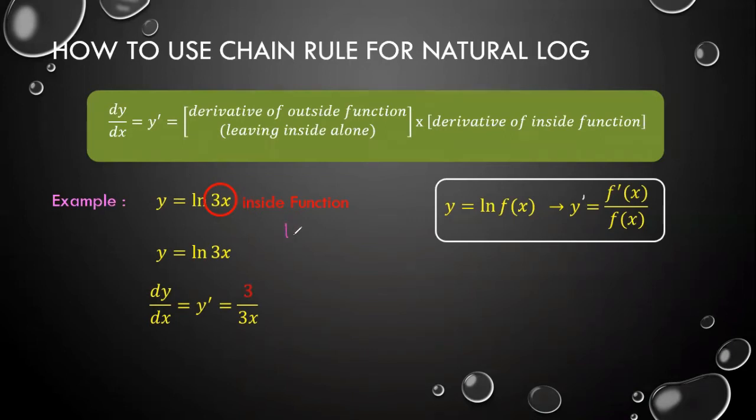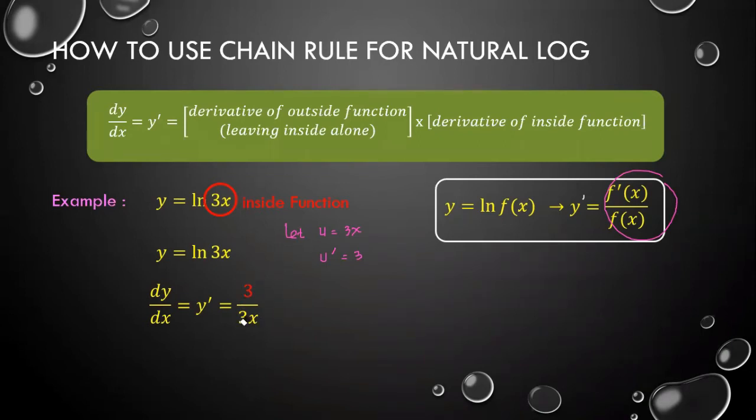Let u be 3x, so u prime is 3. By using this formula, f prime of x over f(x), we found f prime of x is 3, over f(x) which is 3x.